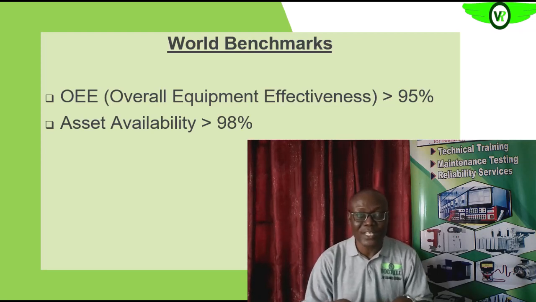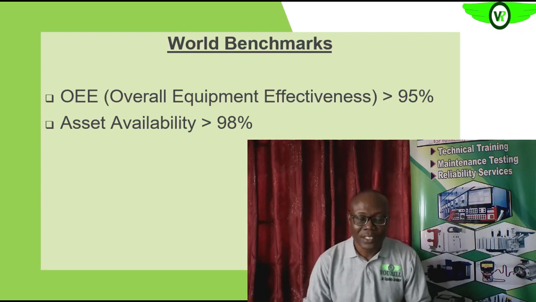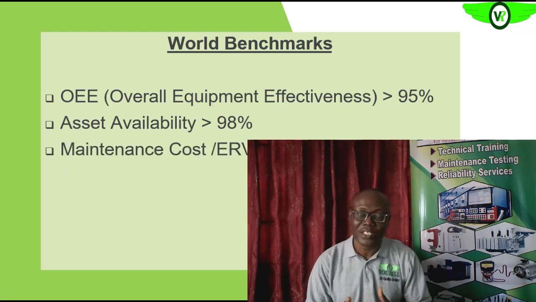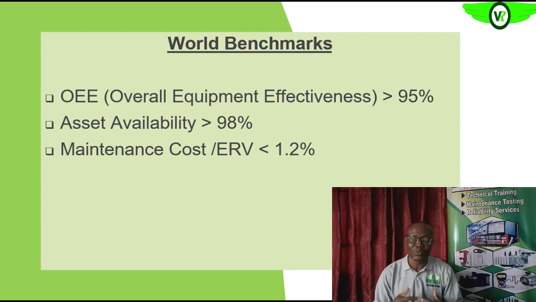If it is more than 98%, then that particular facility's reliability is actually optimized. Then the maintenance cost, that is the ratio of the maintenance cost to the equipment replacement value, must be less than 1.2%.